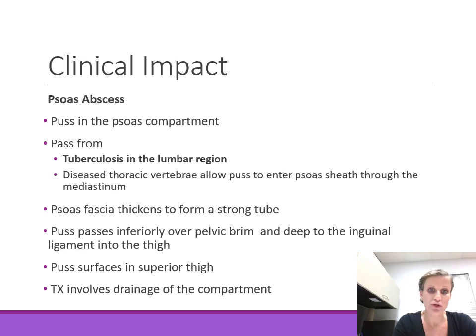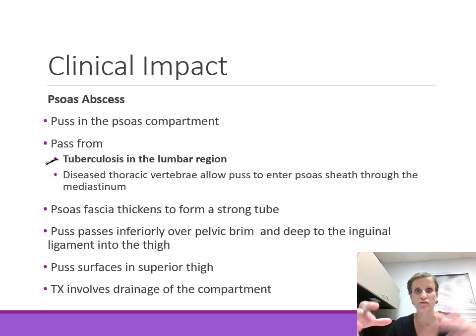For example, tuberculosis in the lumbar region can pass into the fascia around the psoas and cause psoas abscess. Tuberculosis can actually affect multiple other tissues besides the lungs. We typically associate it with the lungs, but tuberculosis can infect multiple other tissues, including the spine.